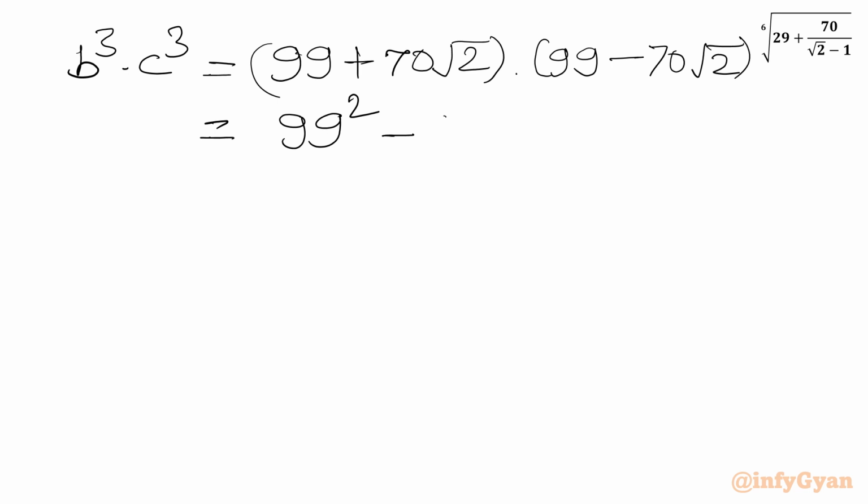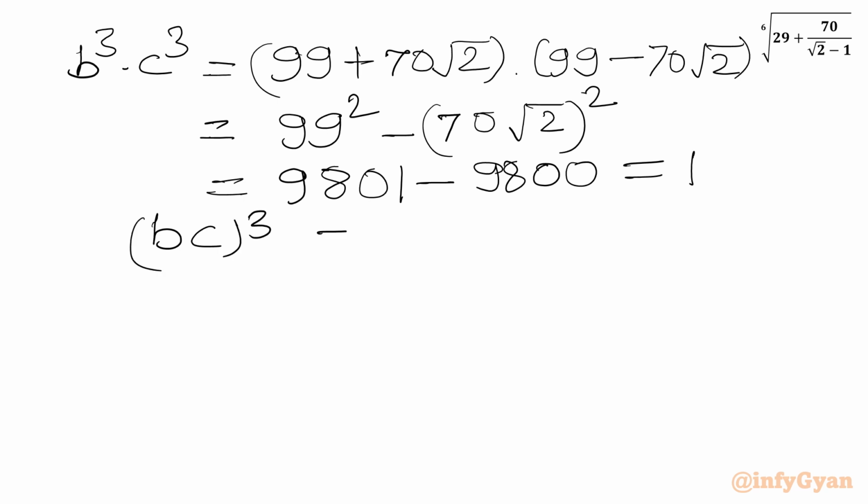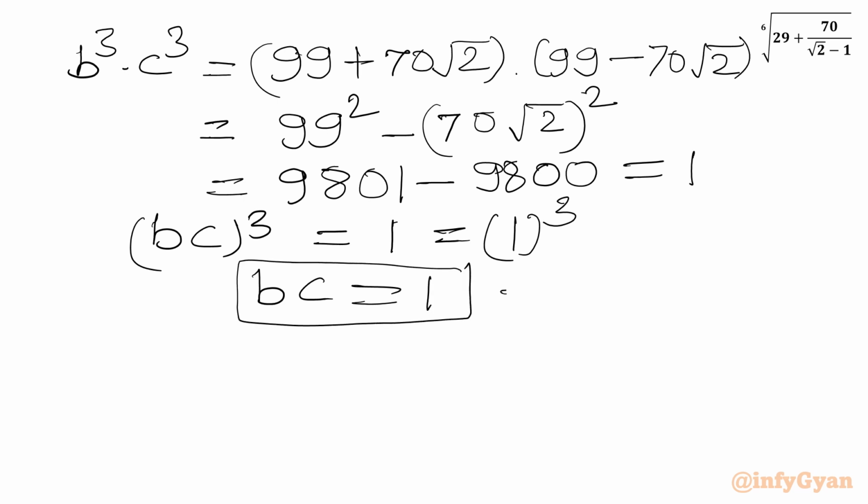So 99 square minus 70 square root 2 whole square. 99 square is 9801 minus 4900 times 2, so 9800. This difference will be 1. So I can write LHS as BC whole cube, and 1 I can write as 1 whole cube. For real values of B and C, once we take the cube root on both sides, we will get BC equal to 1. And this equation I will say is equation 2.